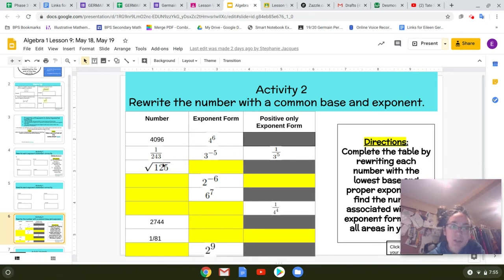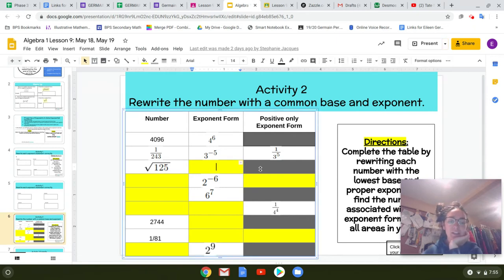So when we go here, we want to make sure that when we're looking at this 3rd row, we have 125, the square root of 125. So we already know that since this is a radical or a square root that doesn't have a number on the outside, there is no number on the outside, we know that it's going to have to be fractional and that the denominator is going to have to be a 2.